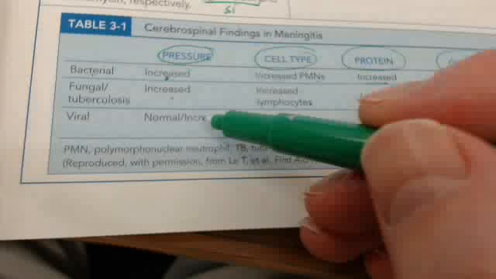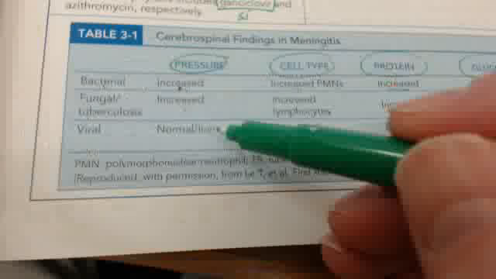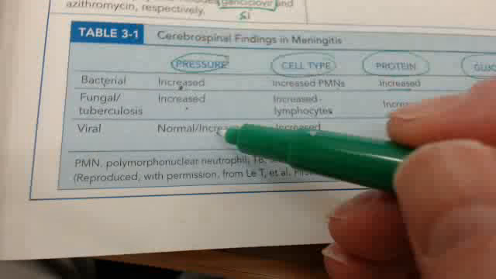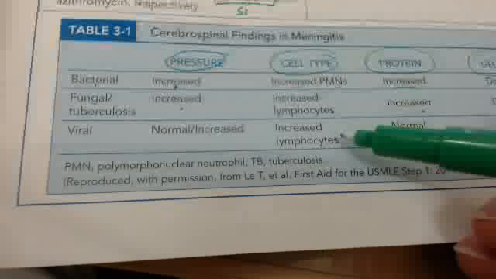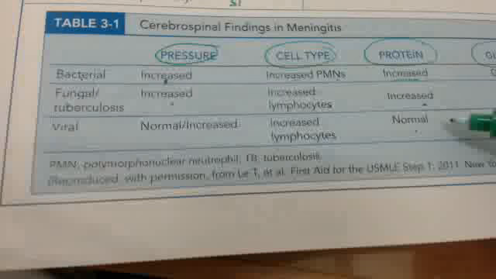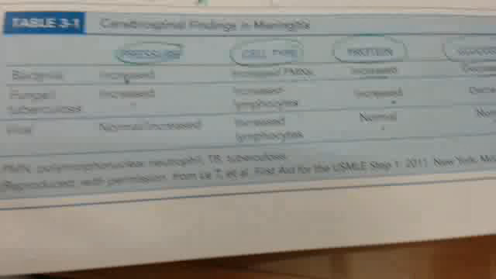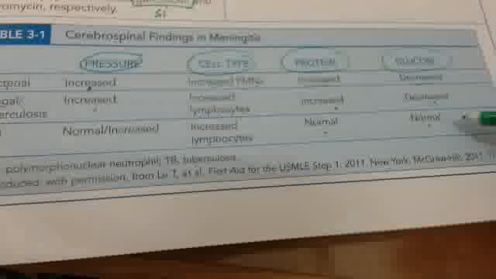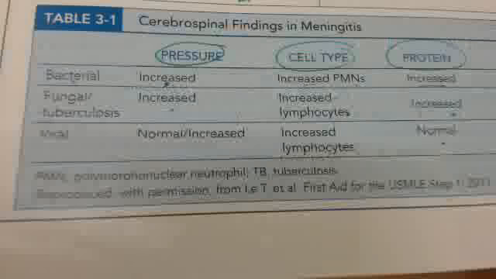For viral meningitis, you'd have normal or increased pressure, increased lymphocytes, normal protein, and normal glucose. So this is a good table here.